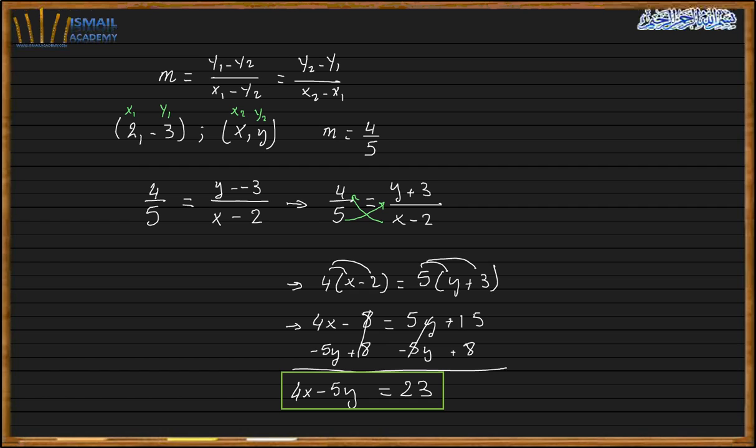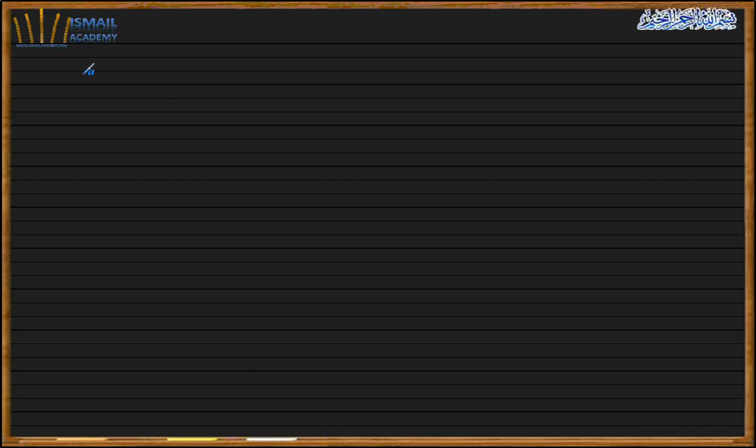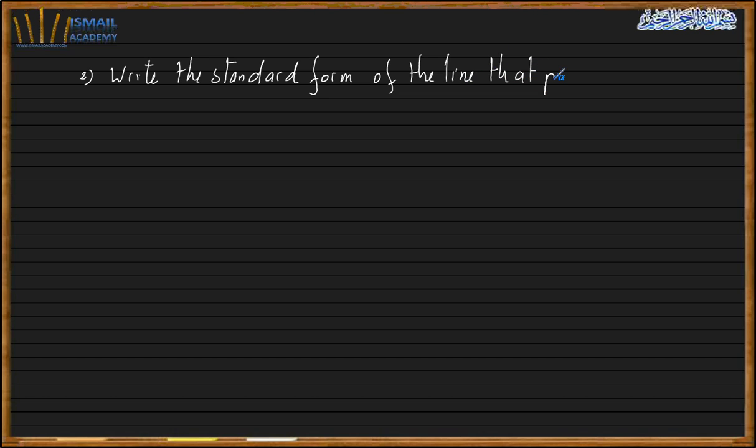All right, let's do another example. Suppose I have 2 points and I don't have the slope. This is the second scenario. Write the standard form of the line that passes by the points (-4, 3) and (5, 7).